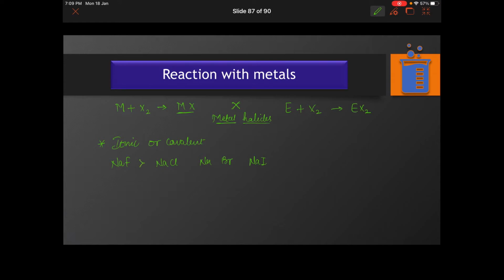So I would say that sodium fluoride is most ionic in nature, and sodium iodide is the most covalent in nature. This is the covalent part, right?